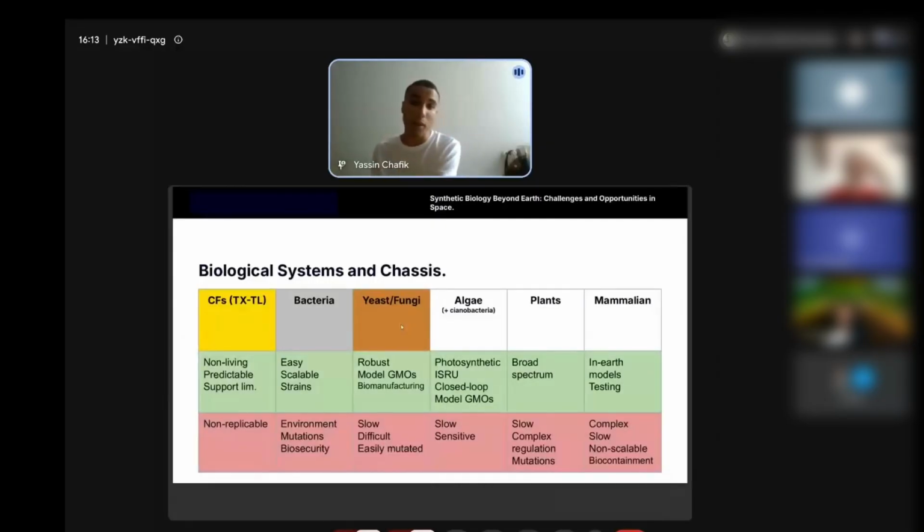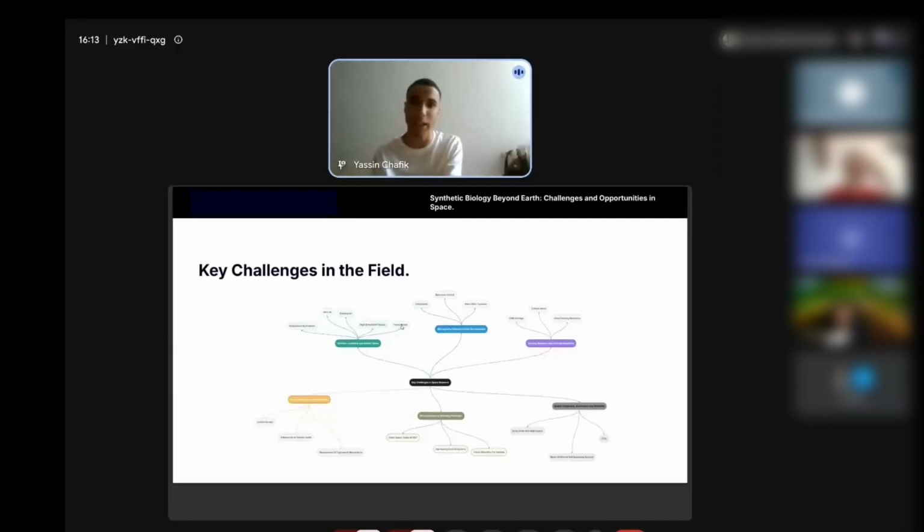And now I'm going to talk about the different biological systems and chassis when we are working with synthetic biology. So, as I've said, all of these are the key challenges in the field. We could sum them up as extreme conditions, microgravity and cellular stress, ionizing radiation, the need to economize in logistics, all of the problems with biomanufacturing, and the resources.